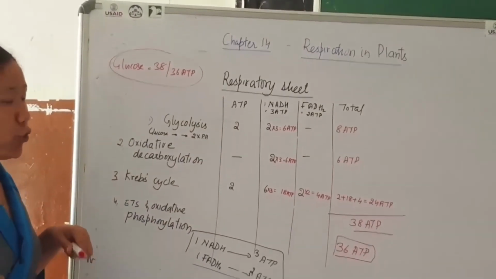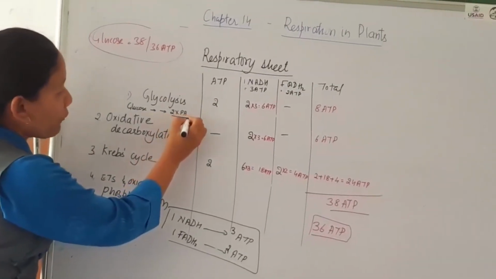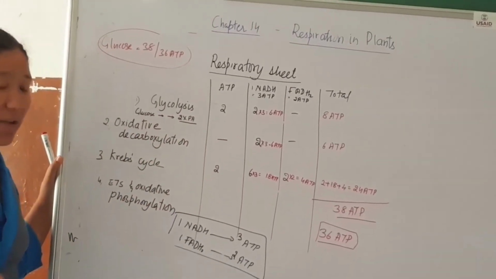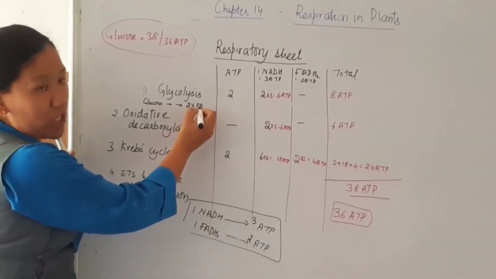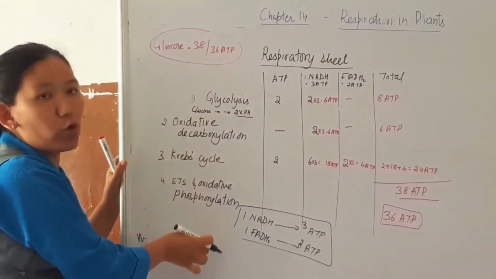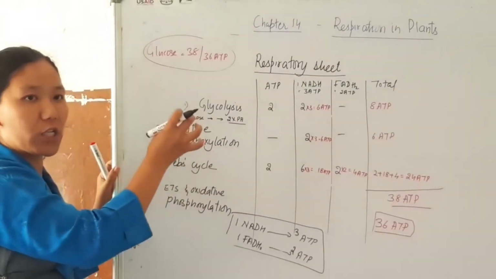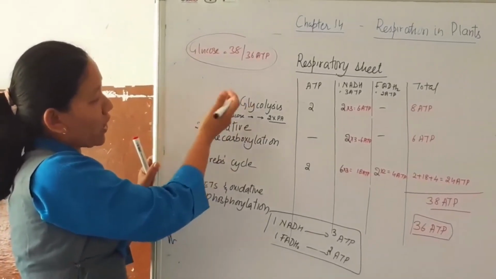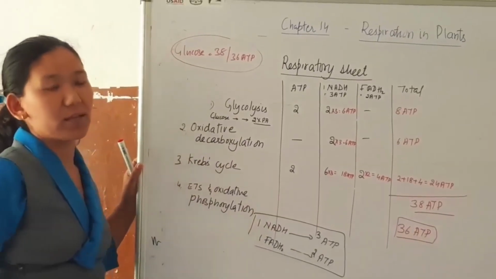So we assume that both the pyruvic acid enters into the oxidative decarboxylation. That means pyruvic acid will not be withdrawn from the pathway. So this pathway is followed sequentially. No product is withdrawn from the pathway. If no product is withdrawn from the pathway, then you get the result here. That is the third assumption.